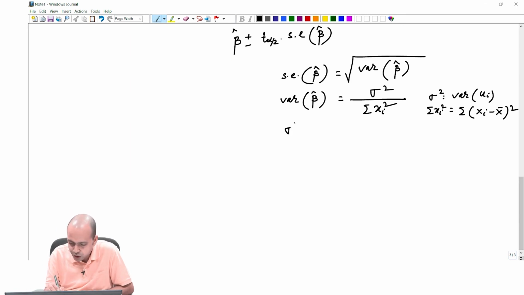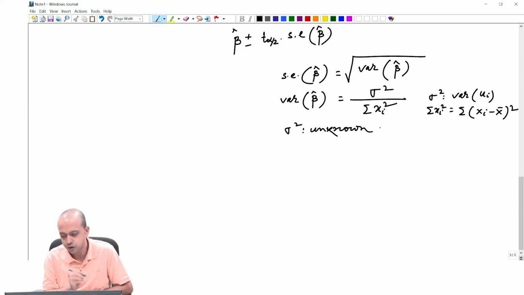But this sigma square is actually unknown to you. Sigma square is an unknown population parameter. So, if sigma square is unknown, then how do you calculate variance of beta hat and standard error of beta hat? In that context, we have to keep in mind that when something is unknown in statistics or econometrics, statisticians say that you replace the unknown population parameter with its sample counterpart. Since sigma square is unknown, what do you do?